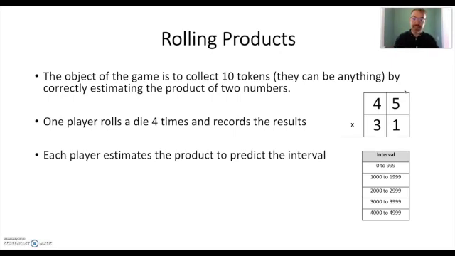Now you have to estimate. You're going to estimate that product from 45 times 31. And what you're going to do is predict the interval. So here's the interval chart. Go ahead and copy down that interval chart now so that you've got it for a quick reference.